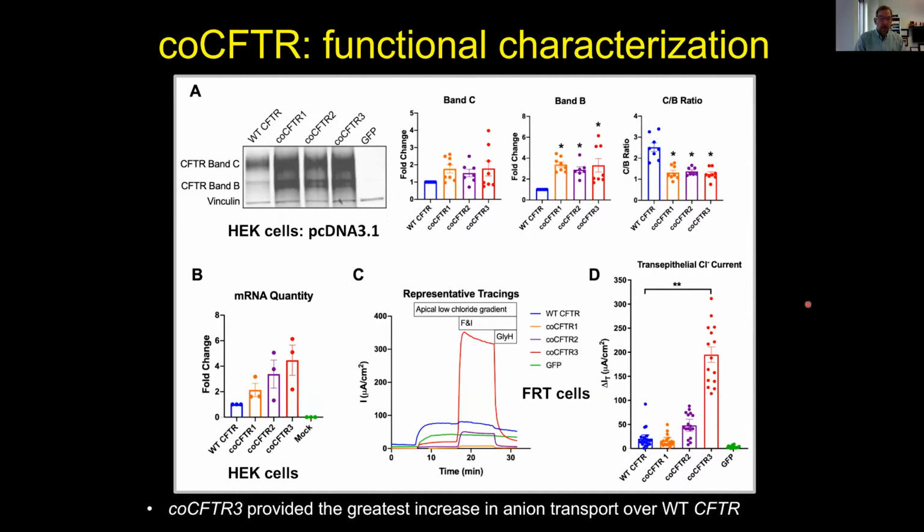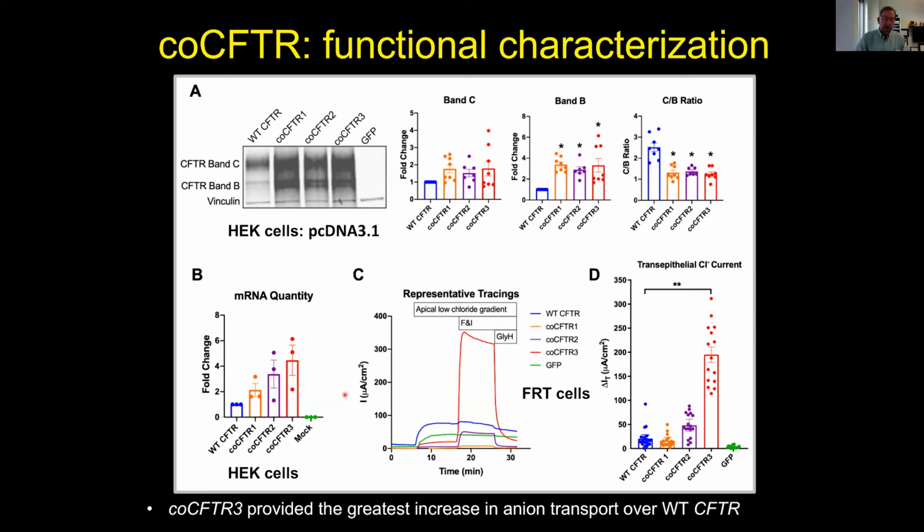The first thing that Laura did was clone these different constructs into pcDNA3 and then look at their expression profile in HEK cells. So when they're transfected in these cells, we see that all 3 constructs generate more protein than wild type CFTR, and that's enumerated here.